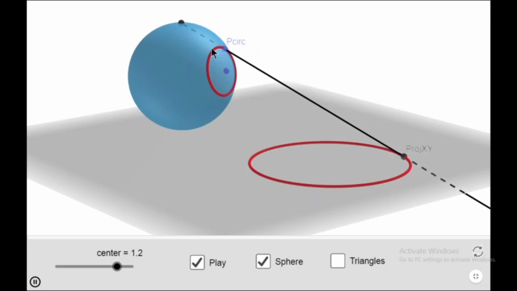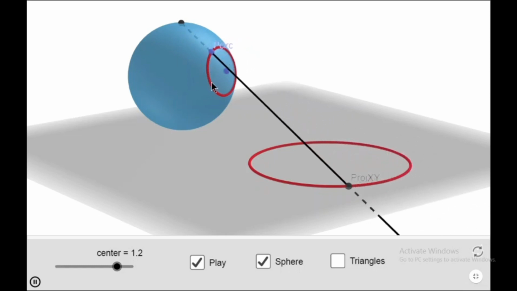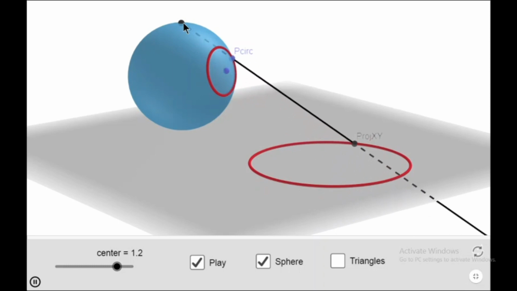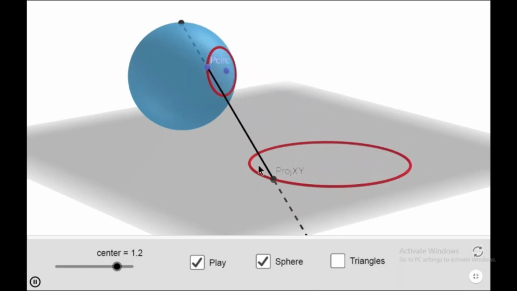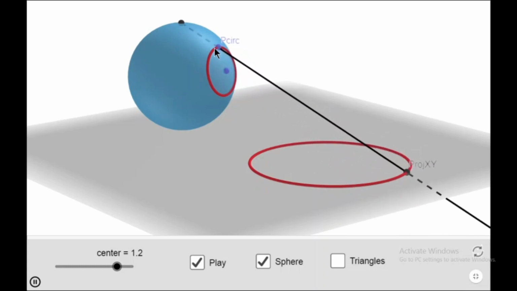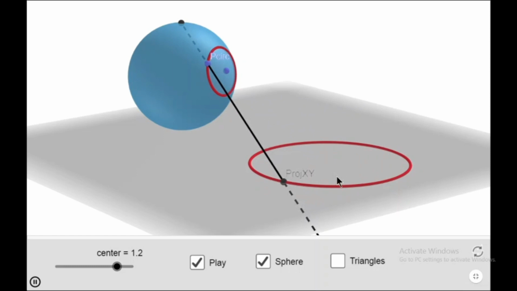This is the unit circle, and this is a circle in the unit sphere, and this circle does not pass through the north pole. So the projection of this circle on C is another circle. So if the circle does not pass through the point n, the projection of this circle on C is another circle, the usual circle.